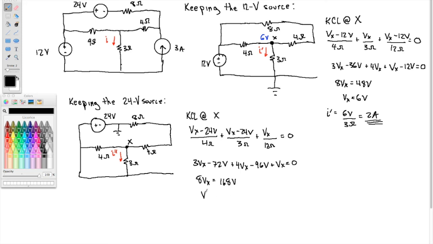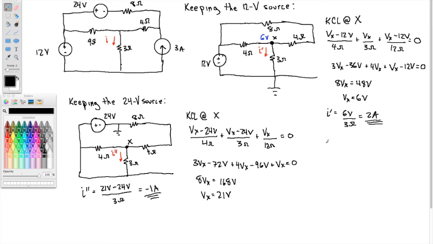Okay, and so Vx is equal to 21 volts. So if I want I double prime, that would be the voltage here, which is 21 volts, minus the voltage here, which is 24 volts, over 3 ohms. So this makes minus 1 amp. And don't be concerned about the minus sign, that just means the current is actually going up.